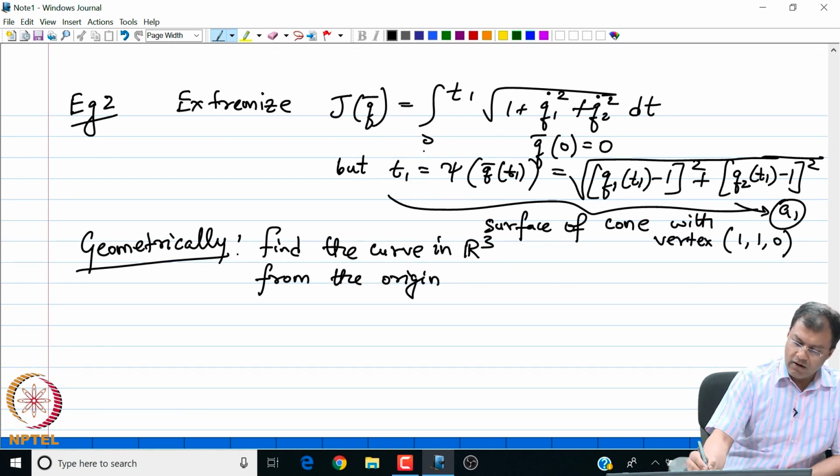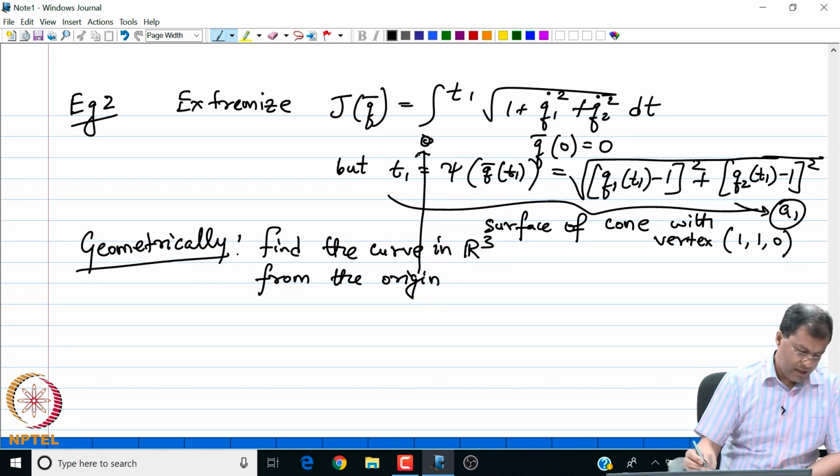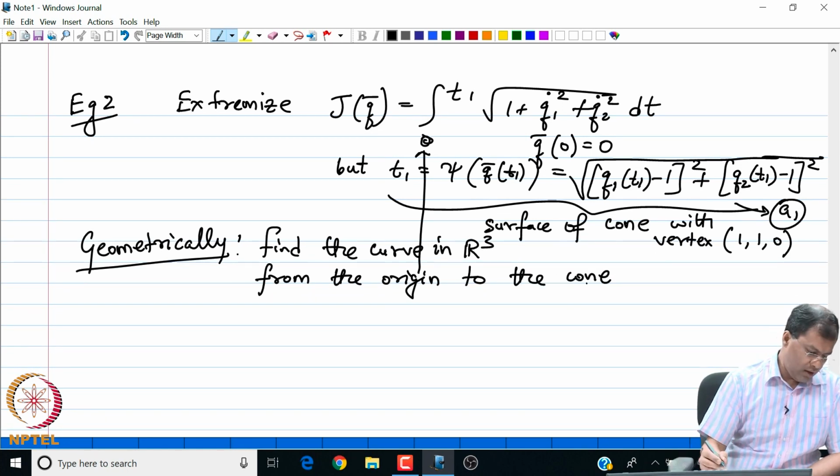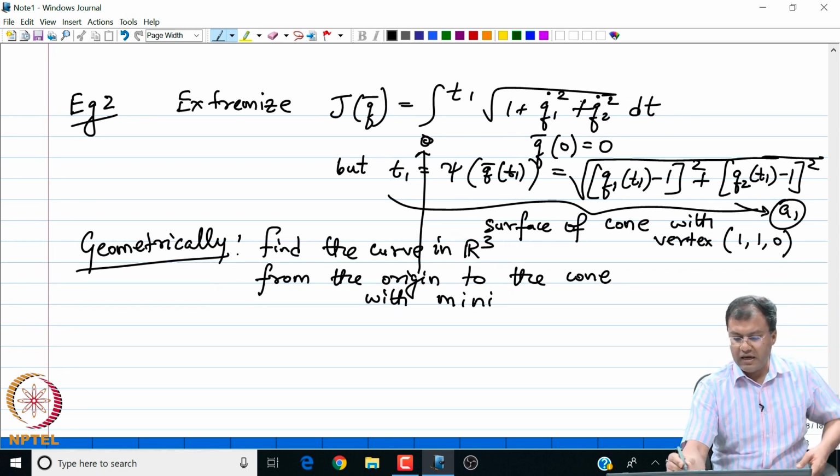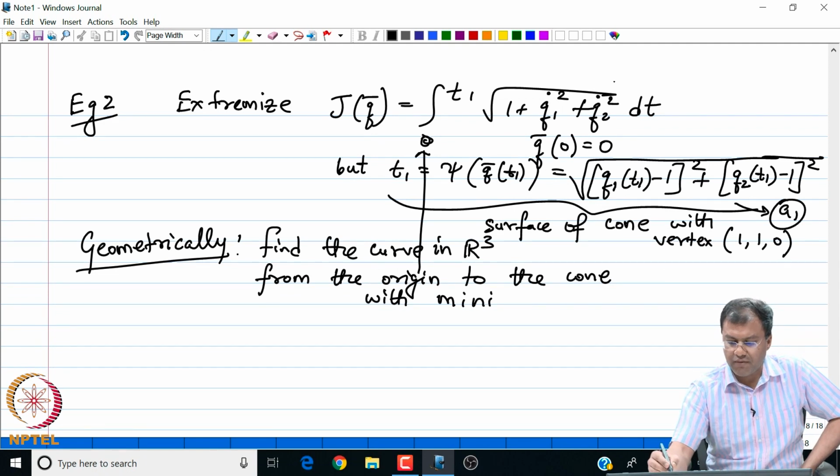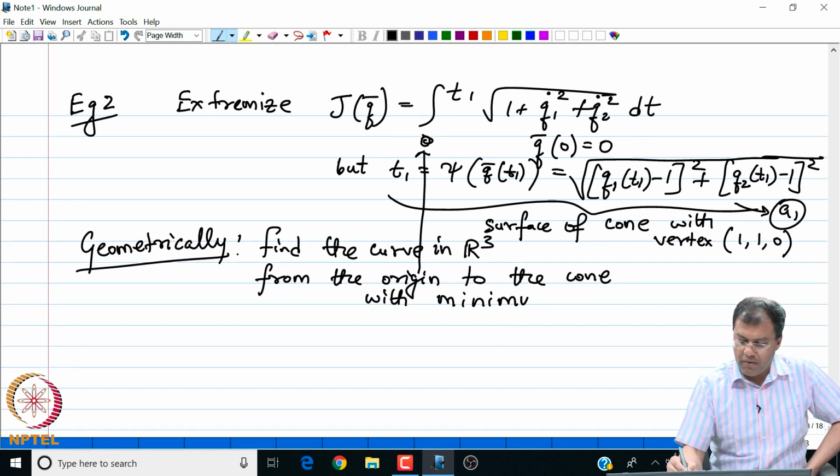We have taken t equal to 0, right. So from the origin to the cone with minimum arc length, right. Notice that this quantity inside this integral is the arc length functional. So we are trying to minimize the arc length.